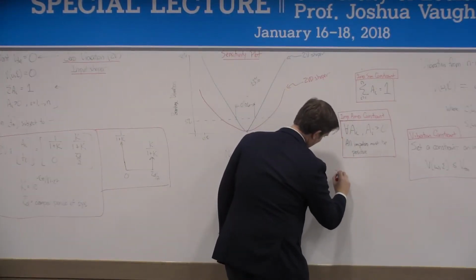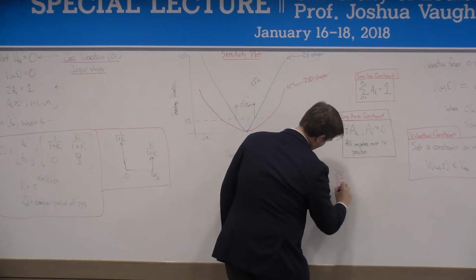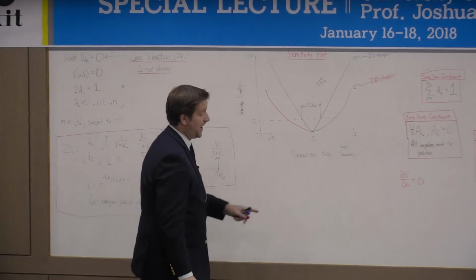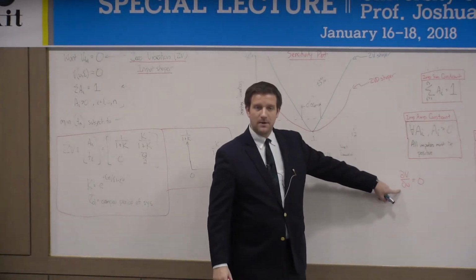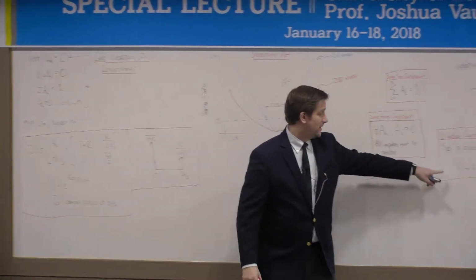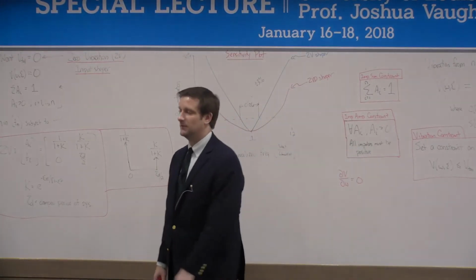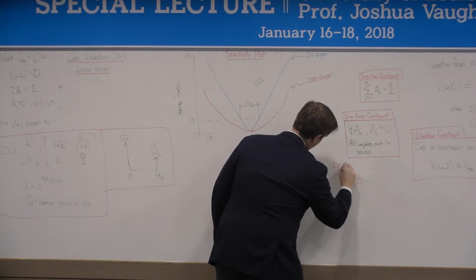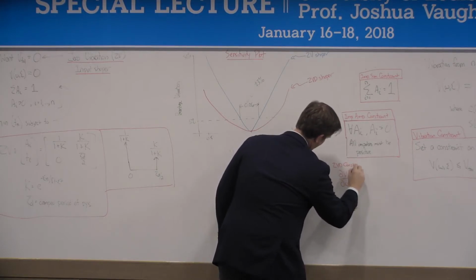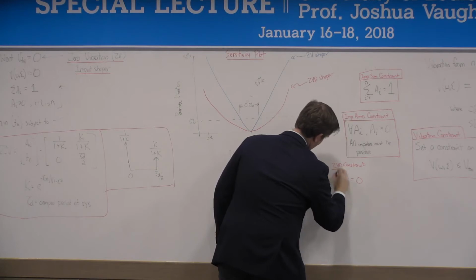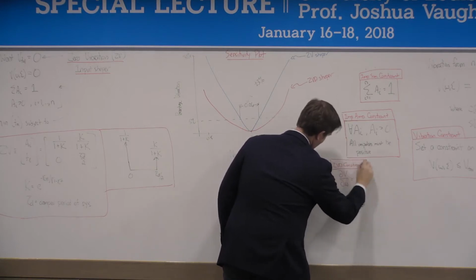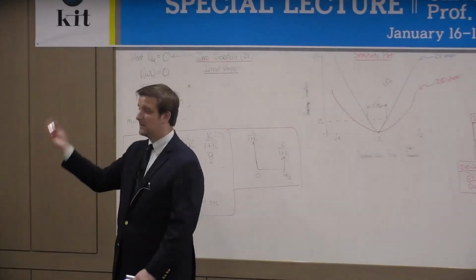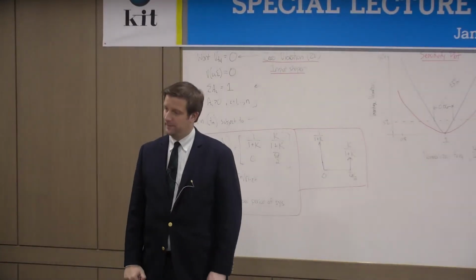And what the ZVD shaper does is take the same constraints as the ZV and add one: that the derivative of the vibration equation with respect to natural frequency is 0. So these are the ZVD constraints. So we add that to our set of constraints that we had for the ZV shaper.